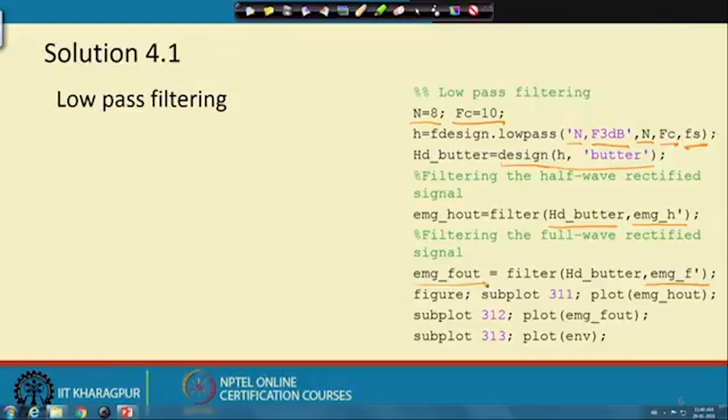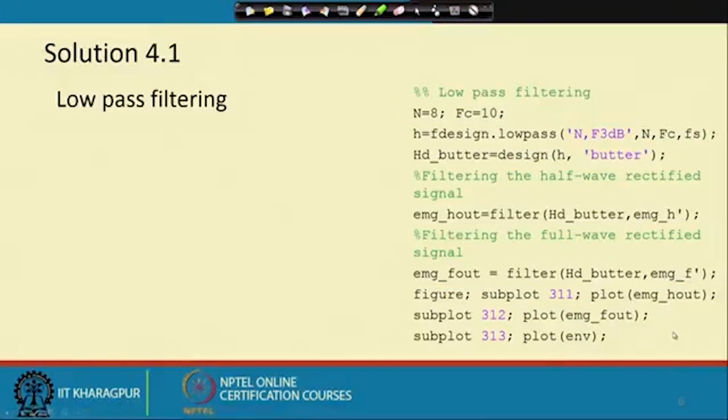Now we have 3 plots, one below the other. At the top, we have the half wave rectifier output after filtering. Second is the low pass filtered full wave rectifier output, and below these two we have the envelope that is given as a reference.